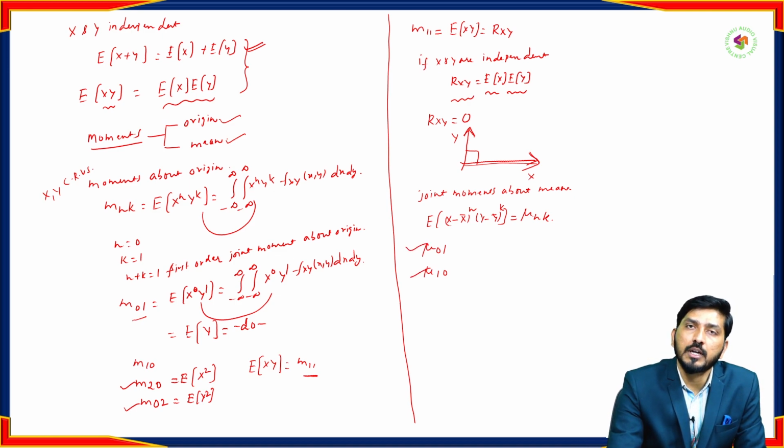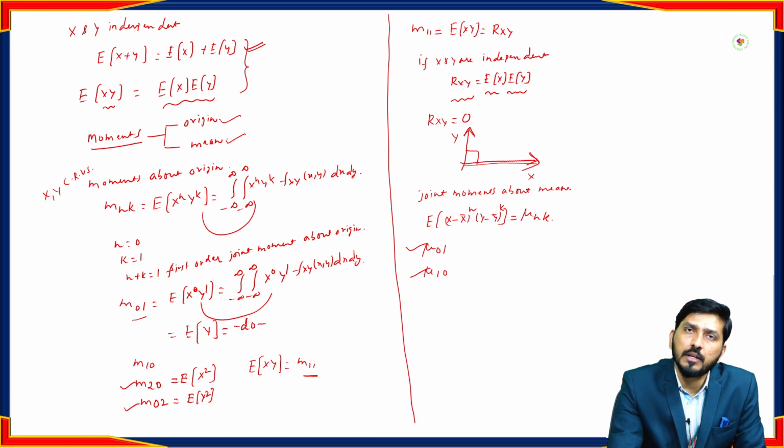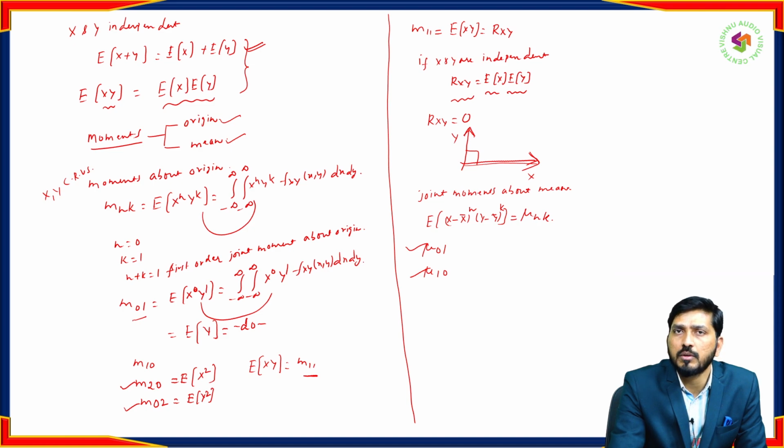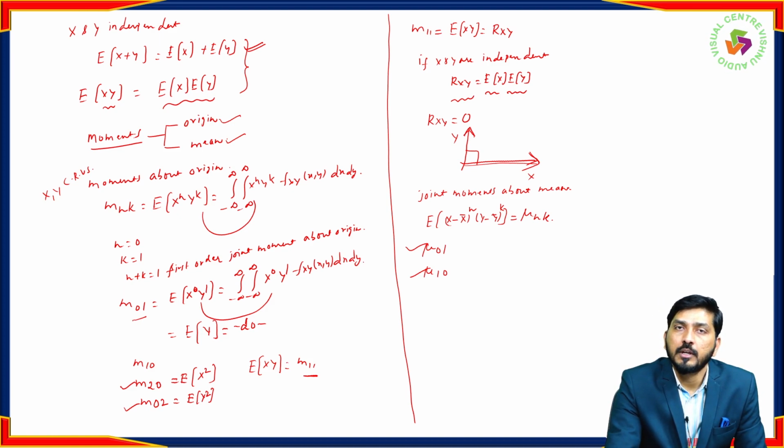These two are first order central moments. First order means n plus k is equal to 1: 0 plus 1 is 1 and 1 plus 0 is also 1. This is what we call joint central moment about mean.